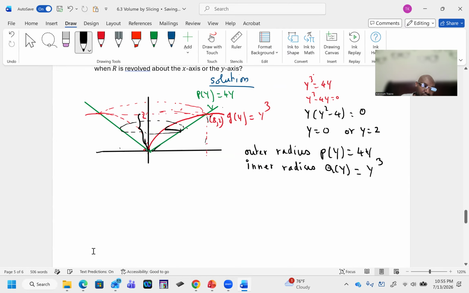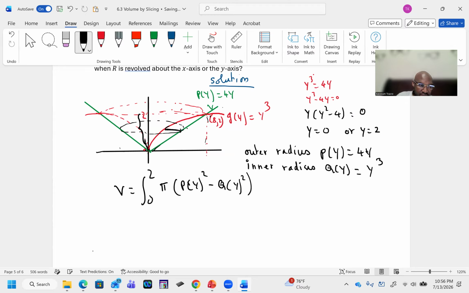So the washer method said V would be equal to the integral from 0 to 2, because that's the limit of integration, of pi times p(y) squared minus q(y) squared dy. That's the washer.